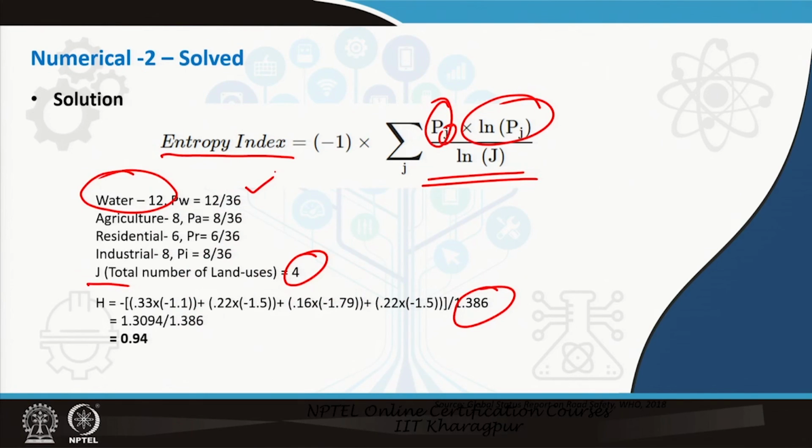So, 12 by 36 gives you a probability of 0.33, and the natural log of that probability is minus 1.1. If you sum over all 4 types of land uses and divide by the natural log of 4, you will get an entropy index of 0.94. As the entropy index inches closer to 1, you would say that there is a good mix of different types of land uses.